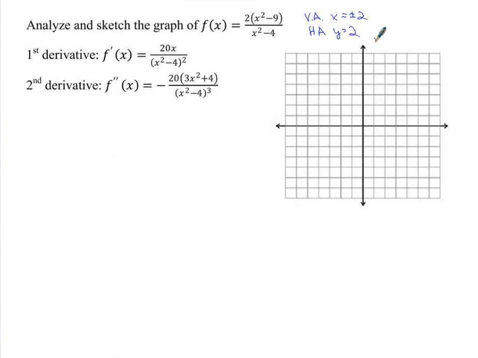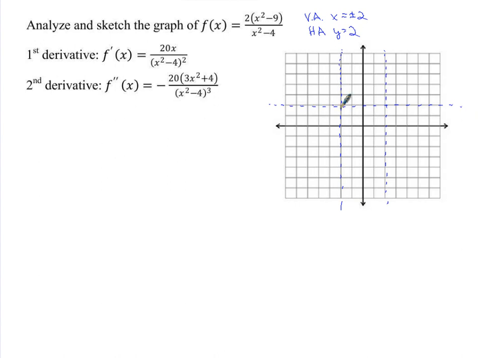So let's get those asymptotes drawn in here as dotted lines, and that will begin to form our picture of the graph. I like to graph things as I find them because it starts to form the picture for me in my mind. And there we are. So we know that as x gets infinitely negative or infinitely positive, the function will start to tend towards the horizontal asymptote.